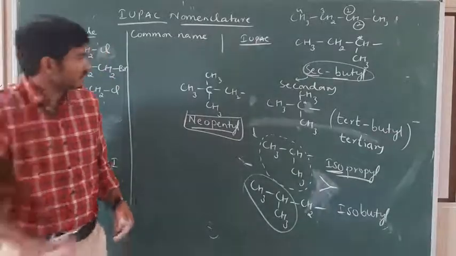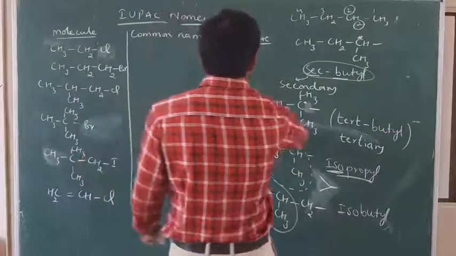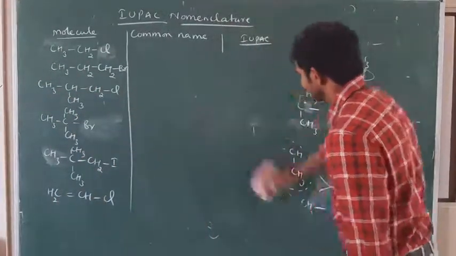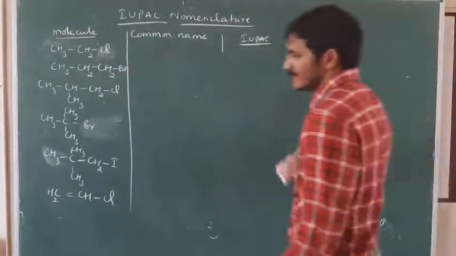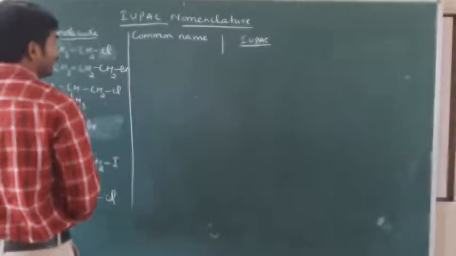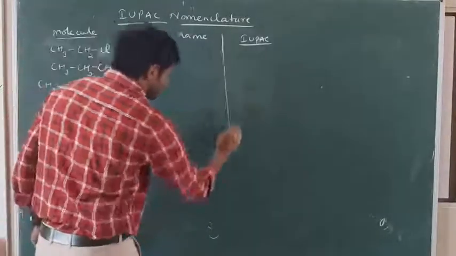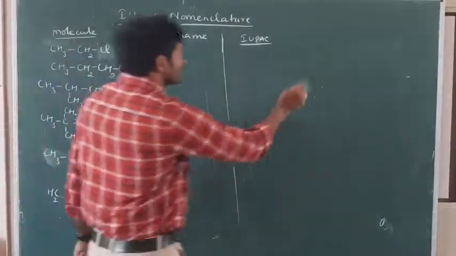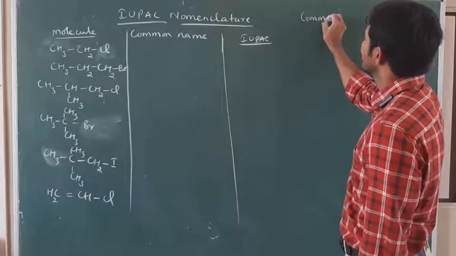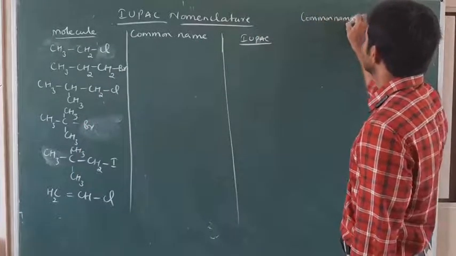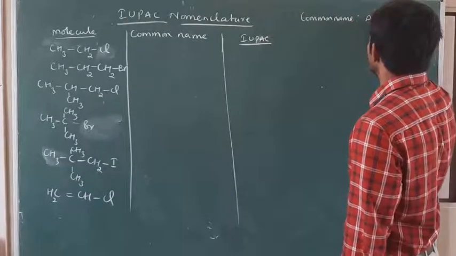Now let us discuss the nomenclature of the haloalkanes. Now we use this terminology. You see this, so I am writing one point here. Haloalkanes, haloarenes. The common name we write as alkyl halide.